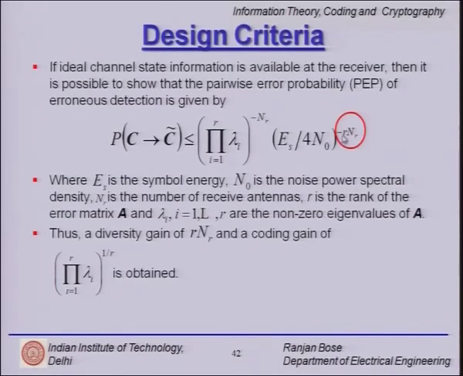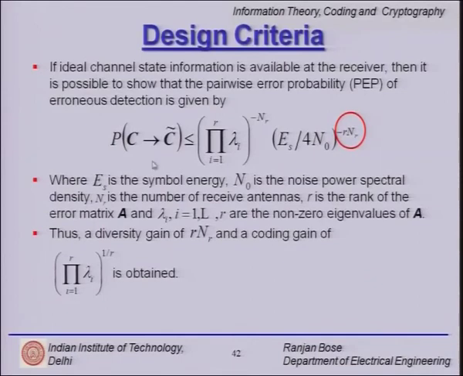Please note that the diversity gain is given by, so this is effectively the SNR, a diversity gain of R NR is obtained, and the coding gain is given by the product of all the lambda i's, the eigenvalues of A, to the power 1 over R. So, this R is playing a major role in terms of the diversity gain and the coding gain.